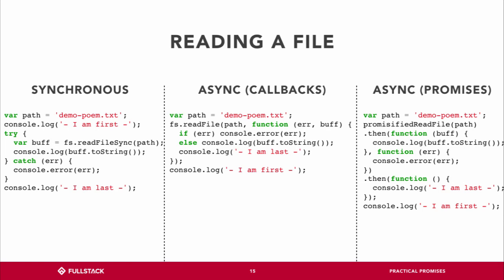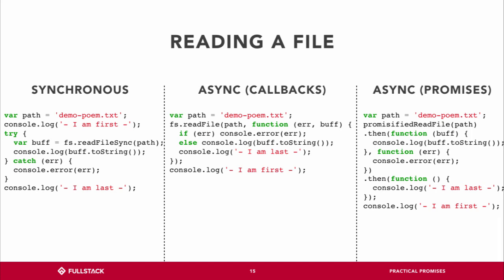So if this was being read successfully, what you would see is, because this is asynchronous, the same thing you saw in all these other examples. You'd see "I am first." You would end up seeing the contents of the file, and then you would see "I am last." What's also interesting about this, if there was an error, you would again see "I am first," you would see the error, and you would end up seeing "I am last."